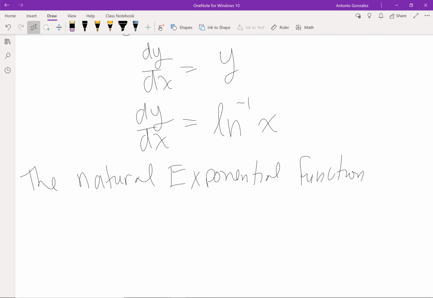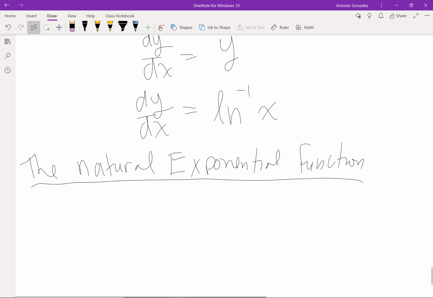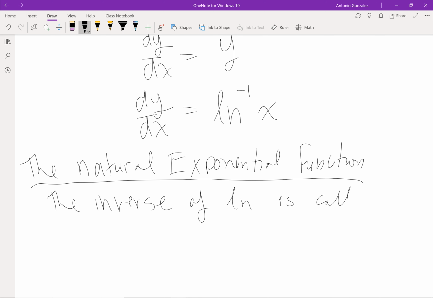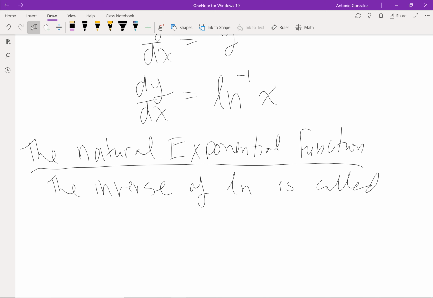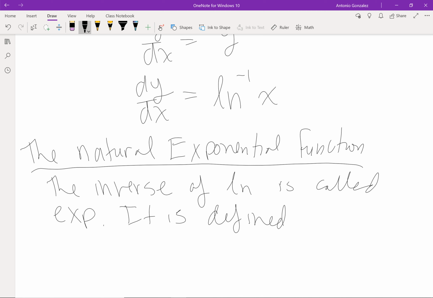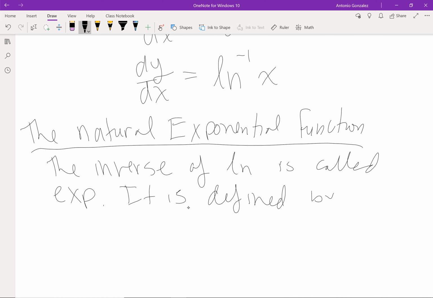The inverse of the natural log is called exp, the exponential, and it is defined by the following statement.